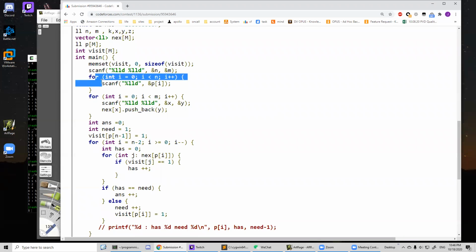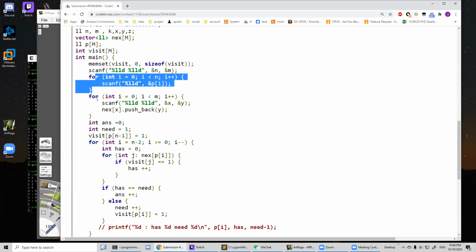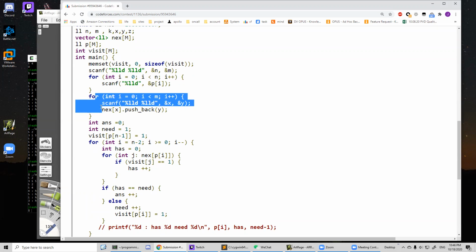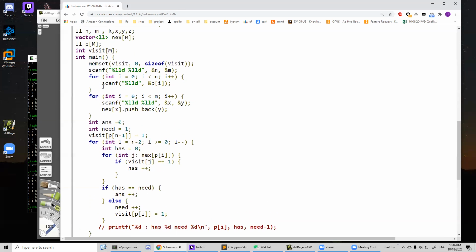And we're going to read the initial array, and we are going to save all those pairs. So we are going to save those pairs in the next, right?